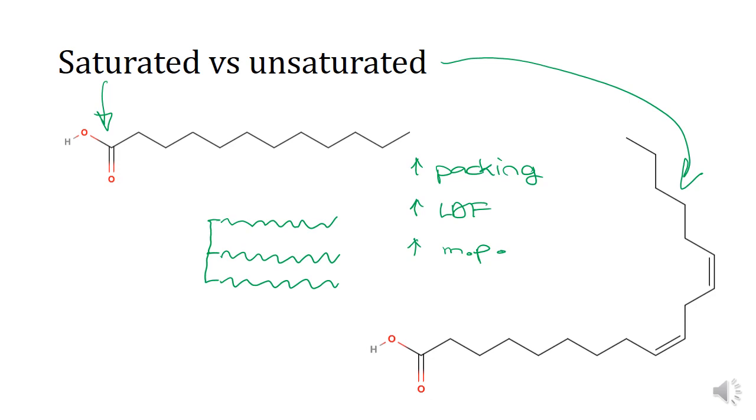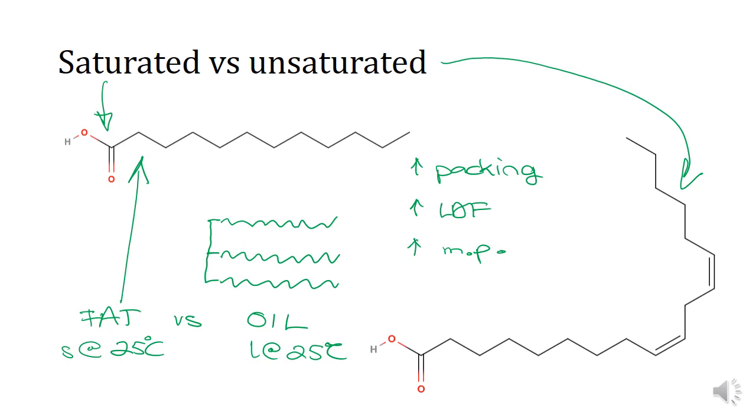So basically, if you've got a fat versus an oil, fats tend to be solid at room temperature. Oils tend to be liquids at room temperature. And basically, it's the difference between saturated and unsaturated fats there.